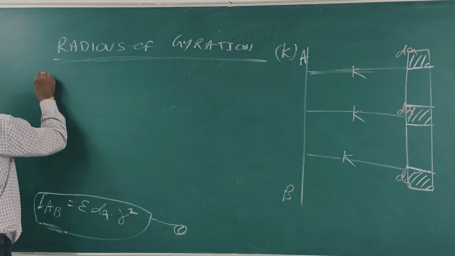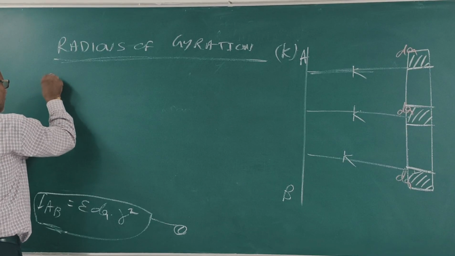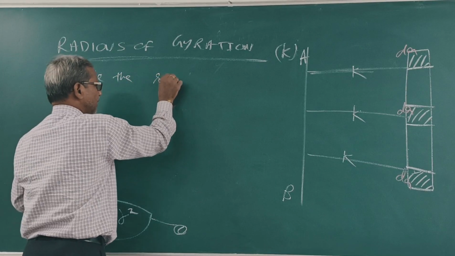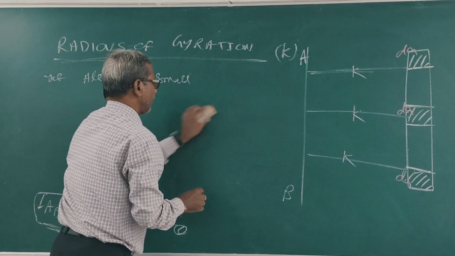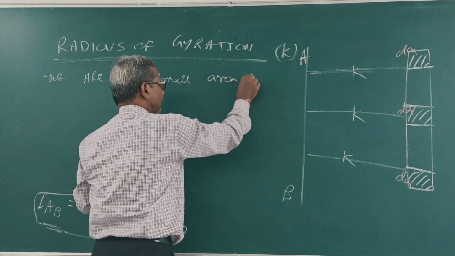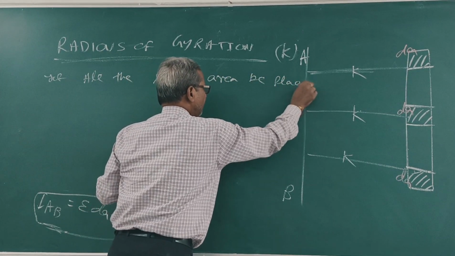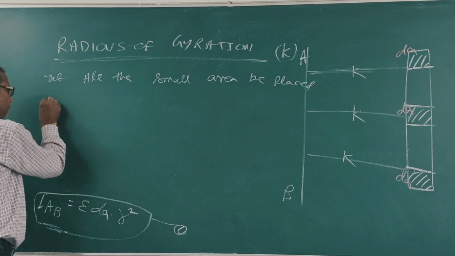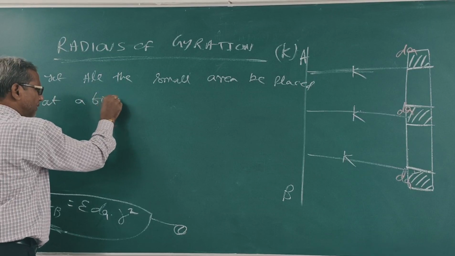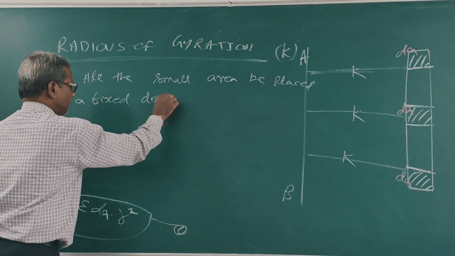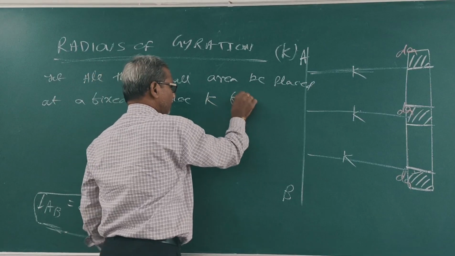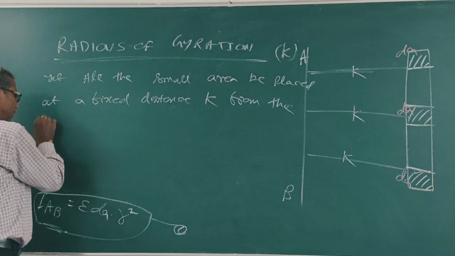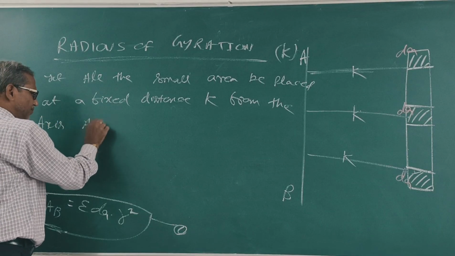Now let all the small areas be placed at a fixed distance k from the axis AB, clear?